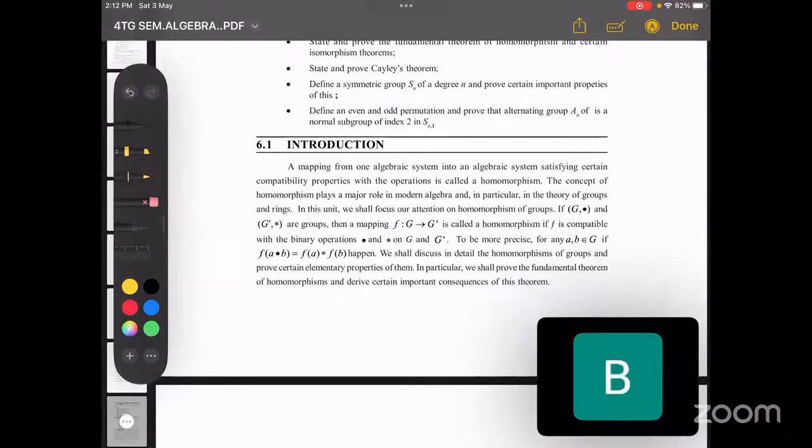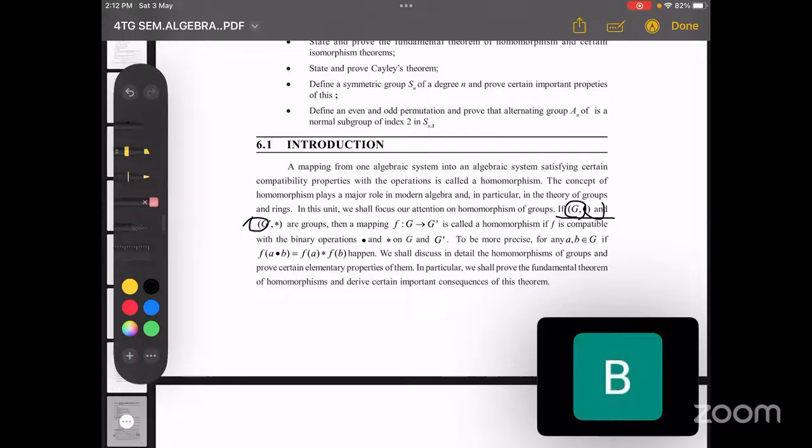If (G, dot) and (G dash, star) are two different sets, G is one set and G dash is another. Here the dot operation is there, here the star operation is there.